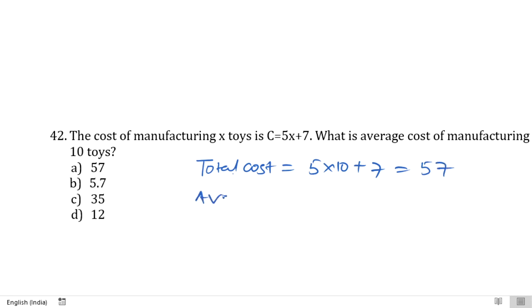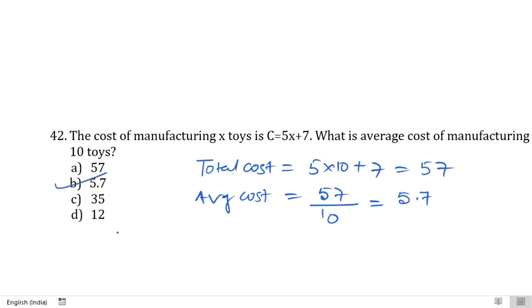So what is average cost? Average cost is total cost upon number of units. So 57 upon 10, that is equal to how much? 5.7. So B is the right answer.